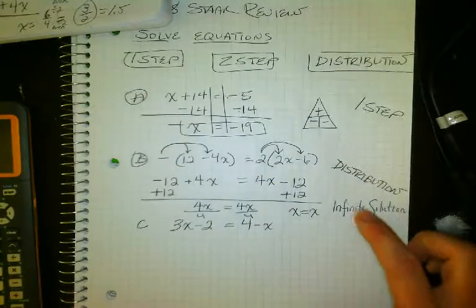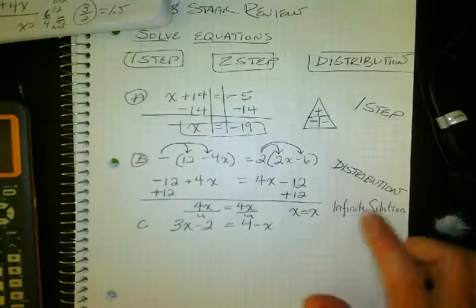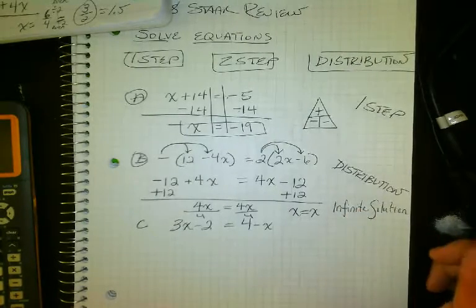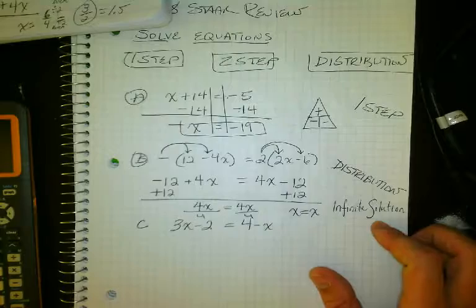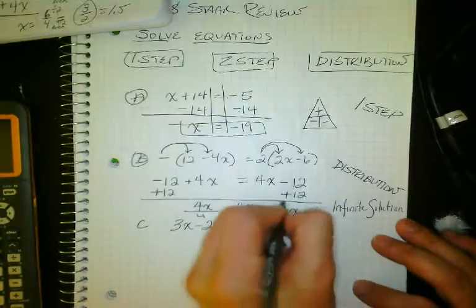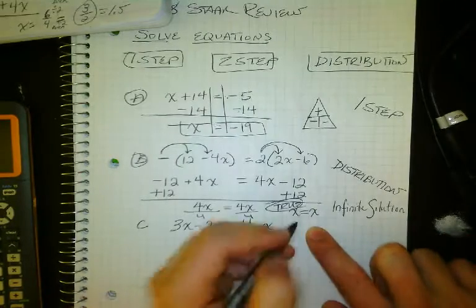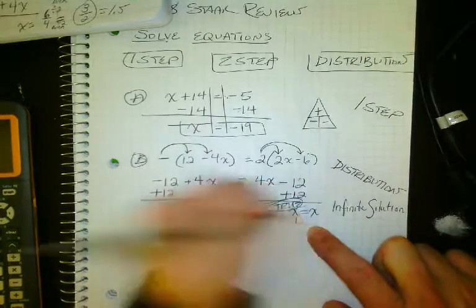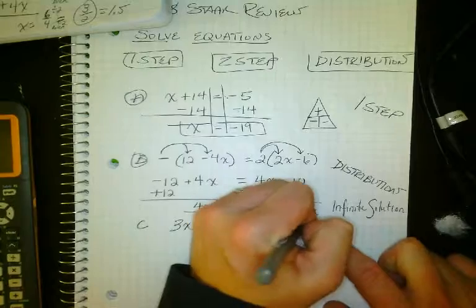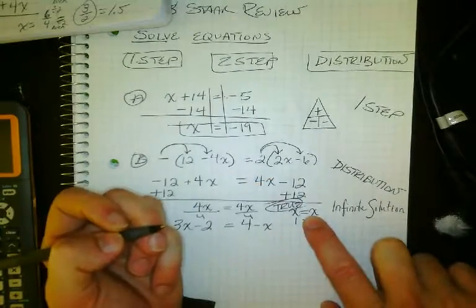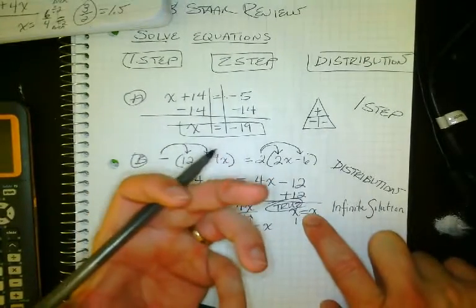Okay, Miss Alyssa, help us out. Now we're going to go back. Why are we putting infinite solution here? This is a true statement. Good. So we're going to put true here. And so some examples would be uno igual uno, x igual x, 2 igual 2, 3 igual 3.